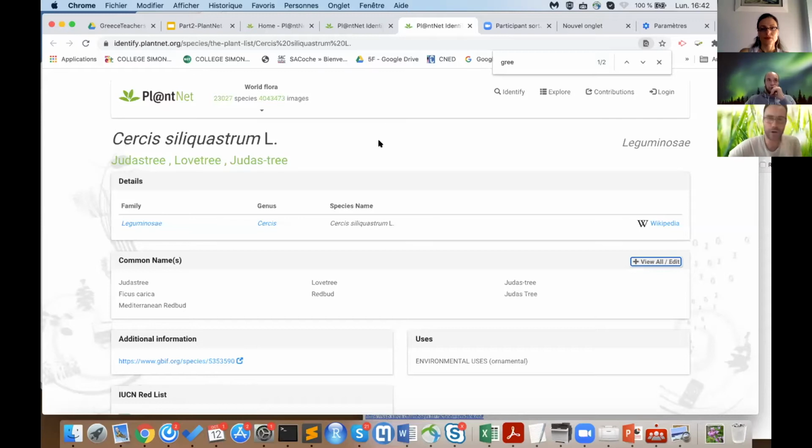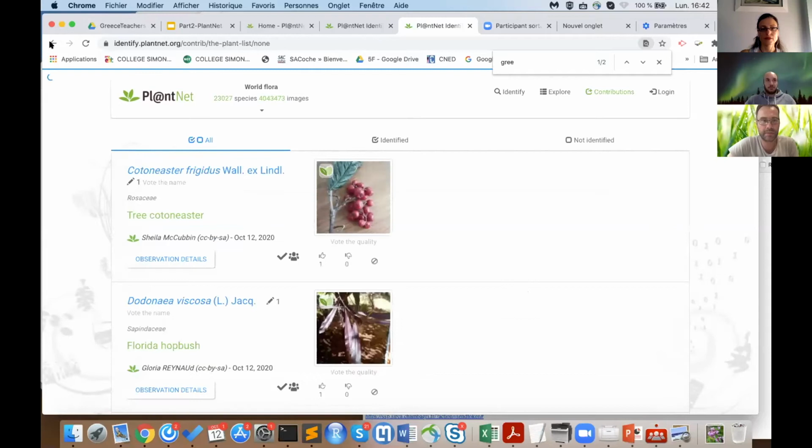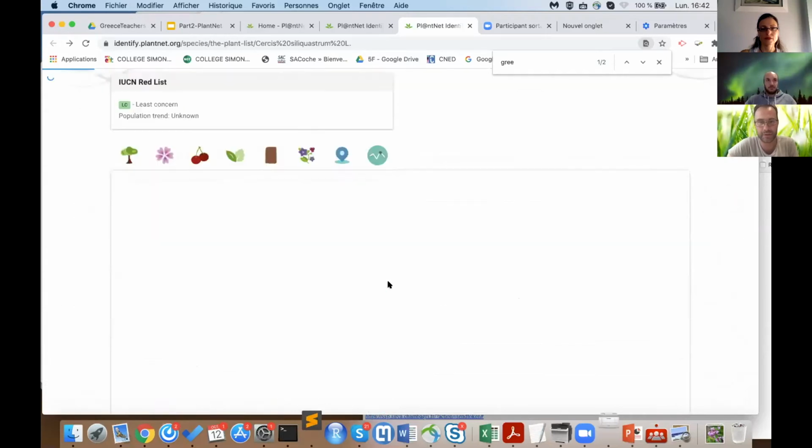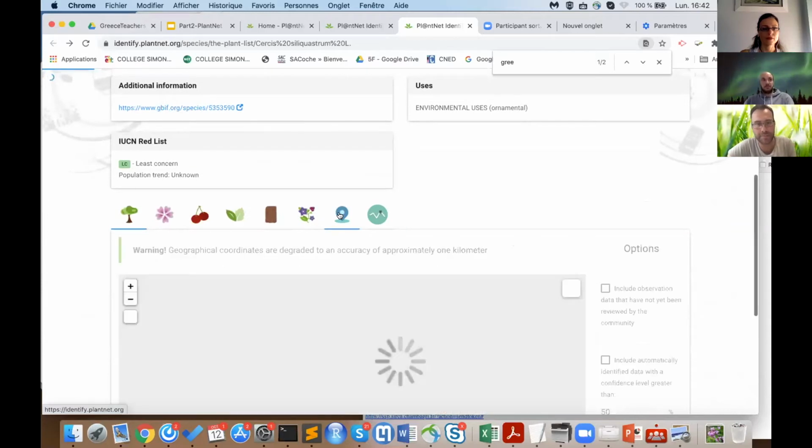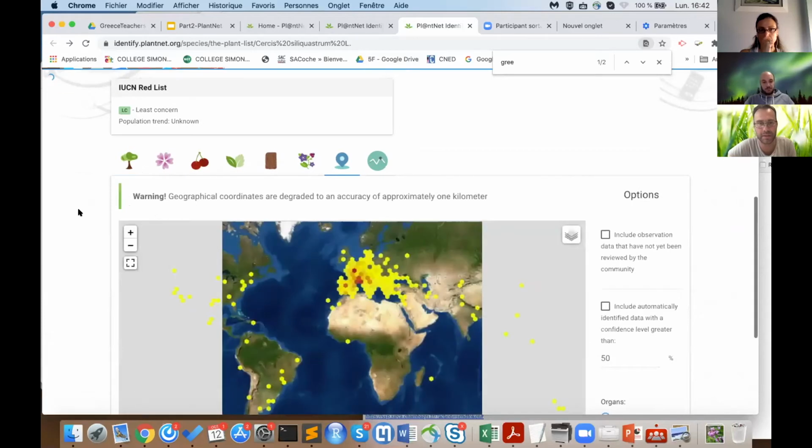What you can see also on the web application, sorry, I had something else to show about the species, is that you can access here the map of the observations that are collected by PlantNet.